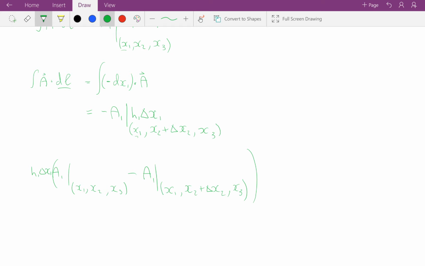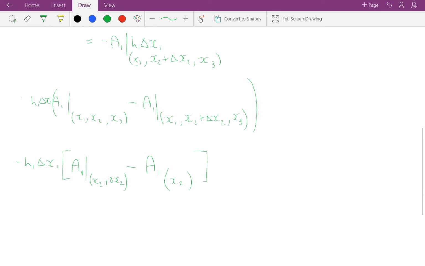Let's go ahead and shift a couple of negatives around. So we're going to have negative h1 delta x1, so I've pulled this negative out the front, and we're going to have A1 evaluated at x2 plus delta x2, given that everything else sort of stays the same, minus A1 evaluated at x2.